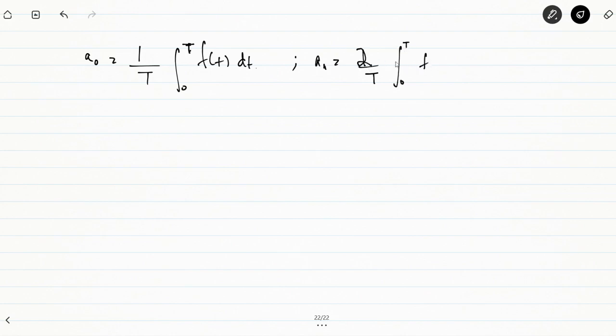I hope you remember the formulas. a0 is simply 1 by T integral from 0 to T of f(t) dt, where T is the time period. an is 2 by T integral from 0 to T of f(t) cos n omega t d omega t, and thirdly, bn is 2 divided by T integral from 0 to T of f(t) sin n omega t d omega t.